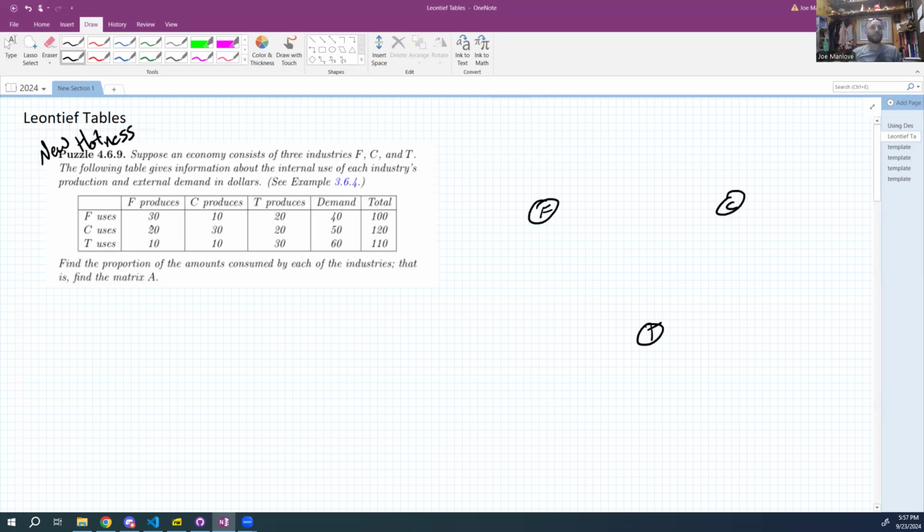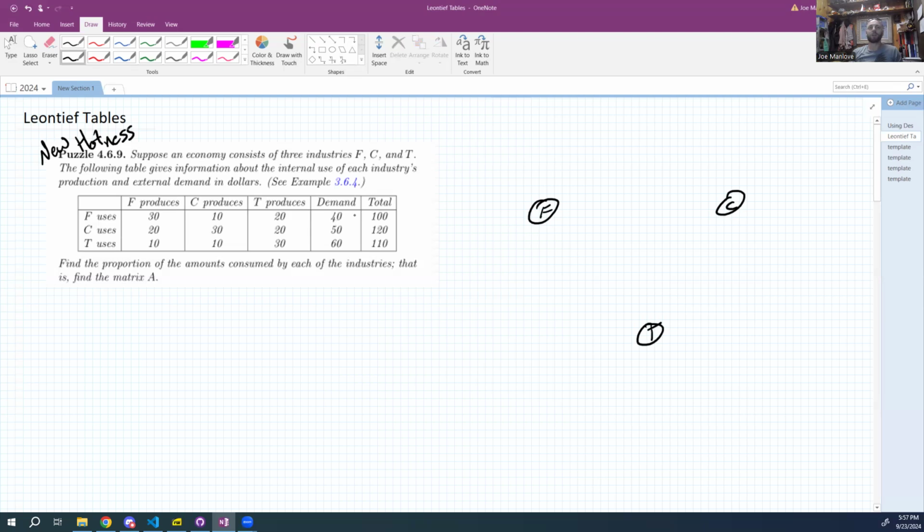So in this first row, I see that F produces $30 worth of goods and F uses that $30. C produces, I don't know, some amount of goods and F uses $10 of those. T produces some goods, I don't know how much again, and F uses 20 of those dollars.